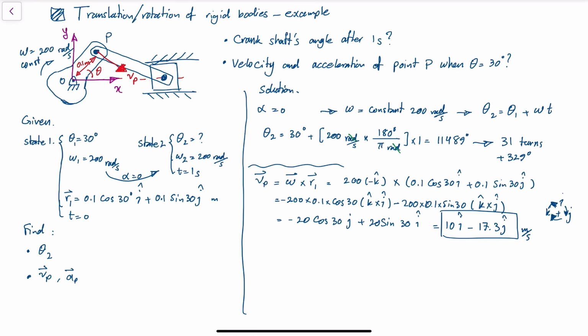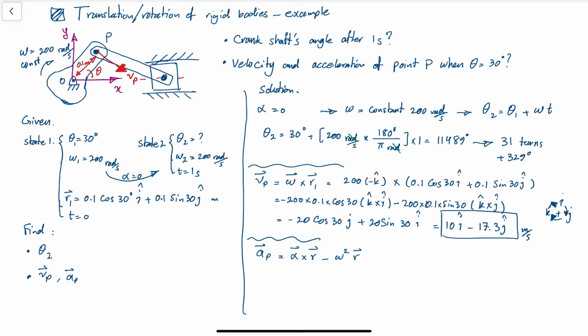So that is velocity. Finally, acceleration of P. I know it is alpha cross R minus omega square scalar R, basically the radial and transverse or centripetal directions.